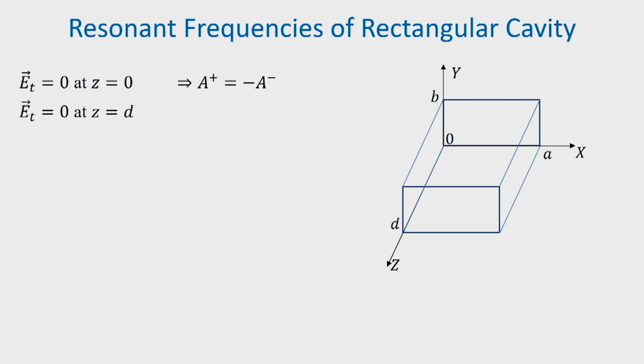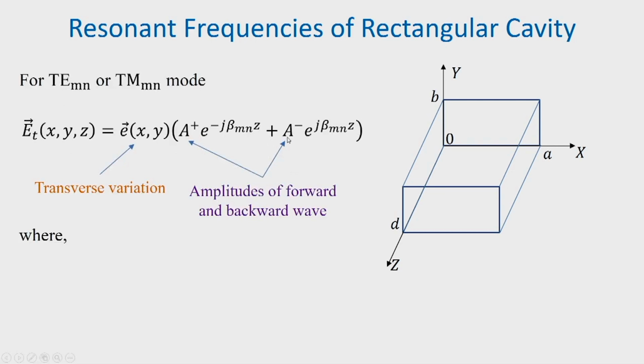E_t is also 0 at z equal to d, and this condition, once we substitute A minus to be equal to minus of A plus, then we can take A plus outside and divide numerator and denominator by 2j.